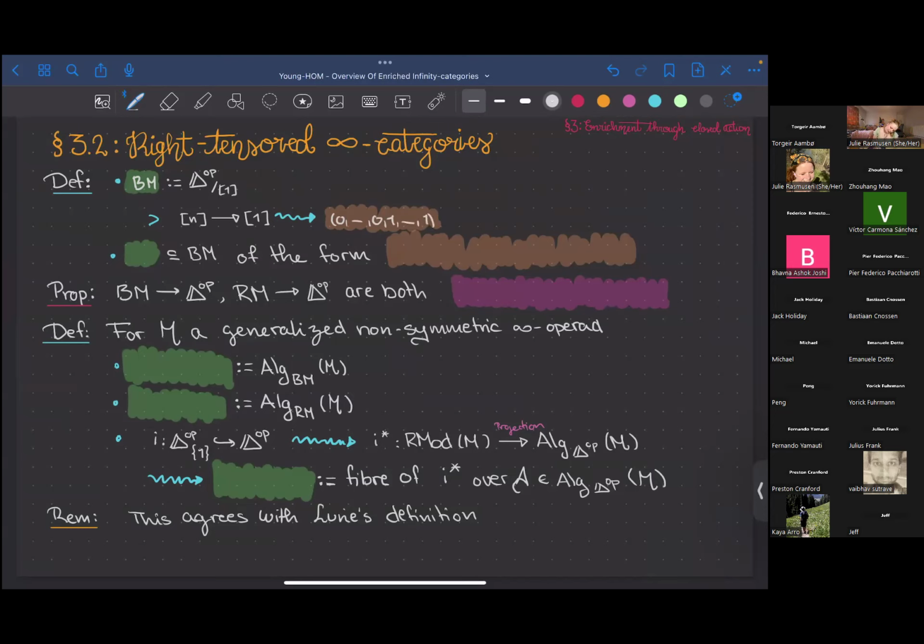And we can then define RM to be the subcategory of BM consisting of those tuples of the form that either only have 1, 0, or no zeros at all. And there are canonical projections from both BM and RM to Δ^op, and these canonical structures make both of these into double infinity categories.